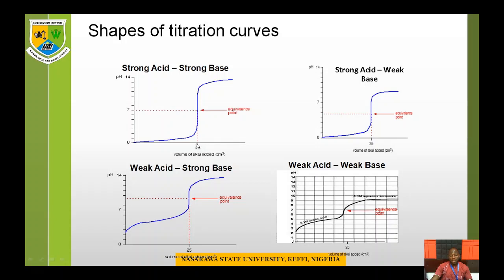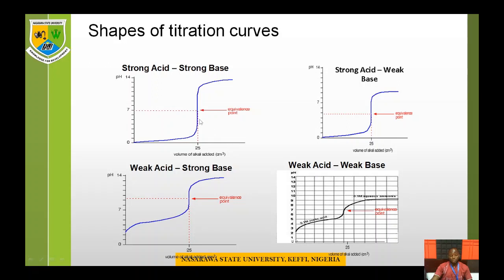In the beaker, what you have is a pipetted volume of the base, so it's not arbitrary. The volume of the pipette is usually 25, although there are pipettes that are more or less, but let's consider a pipette that can carry 25 cm3.